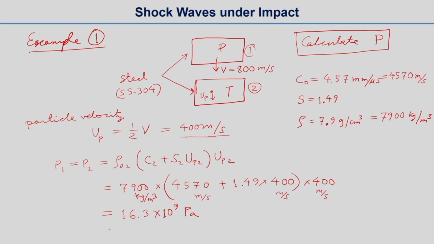So the final result is 16.3 times 10 to the power 9 Pascal, which we can write as 16.3 gigapascal. It is a very high pressure, the pressure generated due to the impact. That is what we wanted to calculate, so this is our final answer.